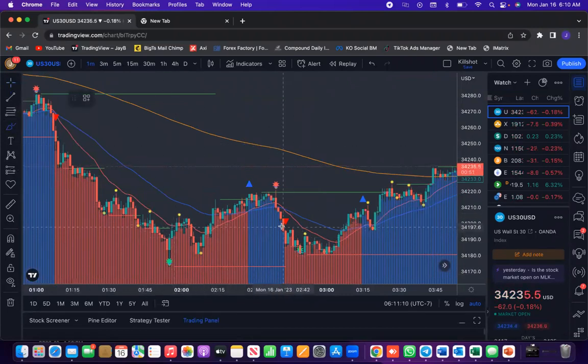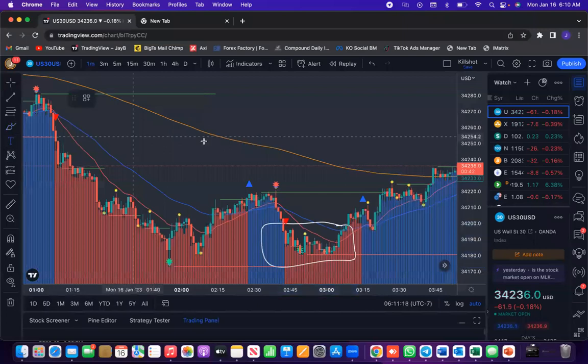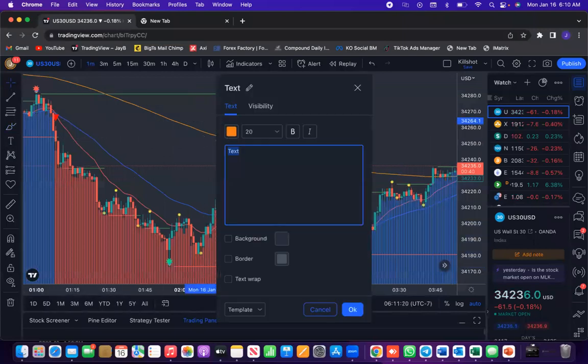Okay, and so this little area here, we're going to call this an accumulation area.